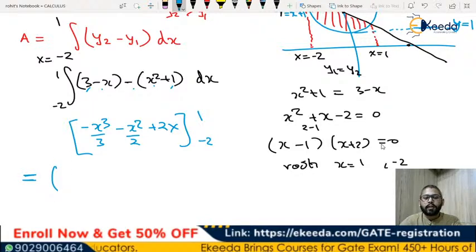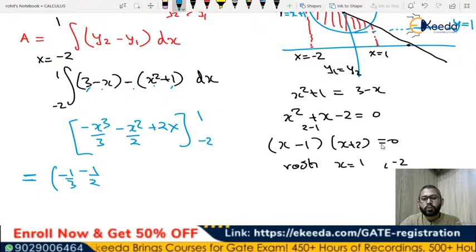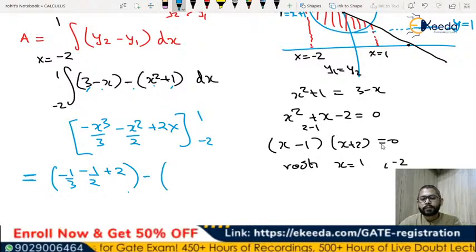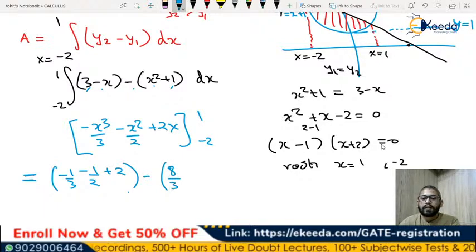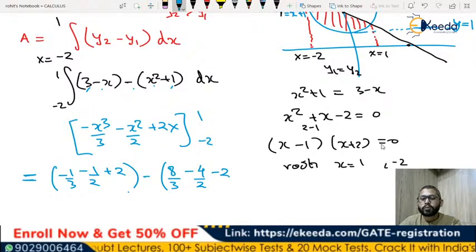When you put 1, it is minus 1 by 3 minus 1 by 2 plus 2, minus, when you put minus 2, it is 8 by 3 minus 4 by 2 and minus 2.